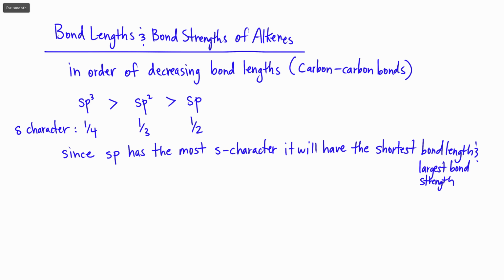Now, all of this is true because the s portion in the sp molecular hybrid holds the electrons closer to the nucleus, thus giving it the shorter bond and the greatest bond strength. All right.